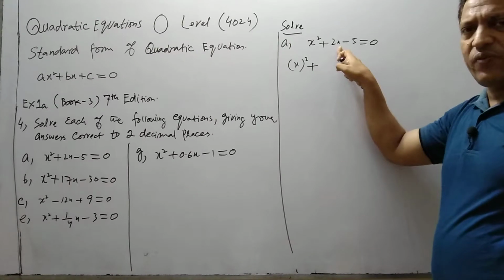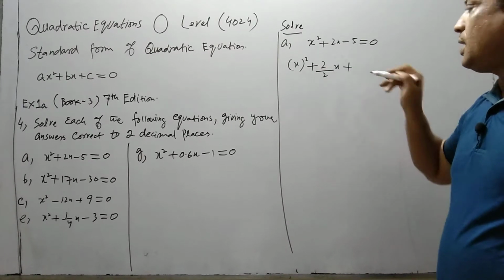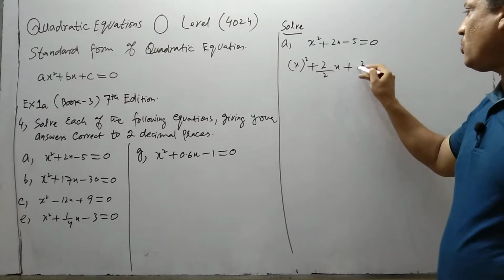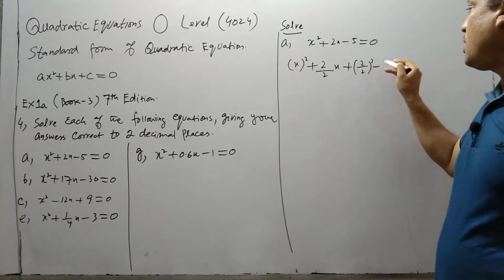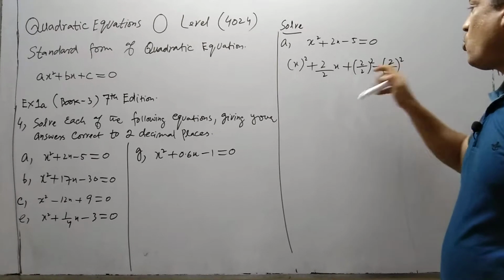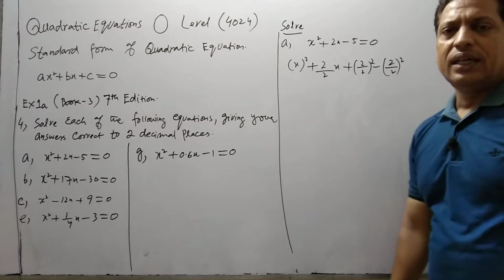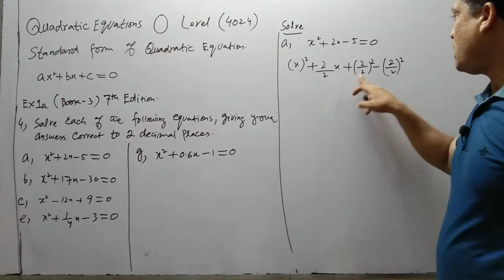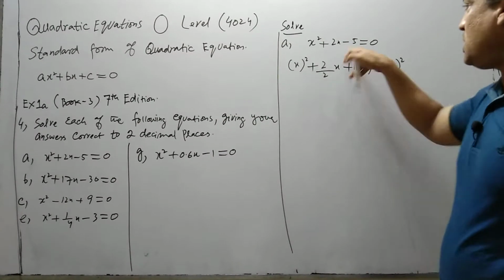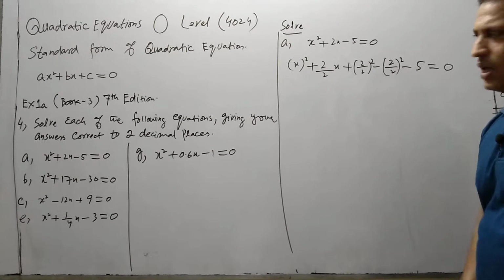What is the coefficient of x? It is 2. We have to divide 2 by 2. Then write plus (2 by 2) square and minus (2 by 2) square. One time add, one time subtract, so that the equation stays in balance. The minus 5 remains, minus 5 is equal to 0.